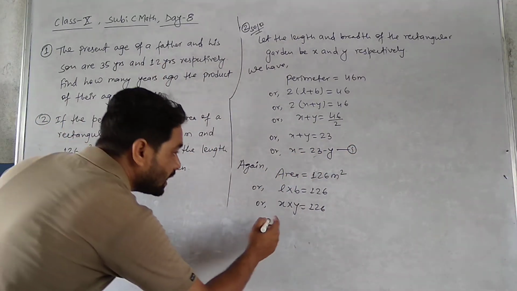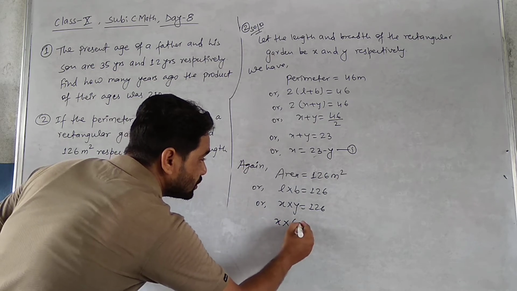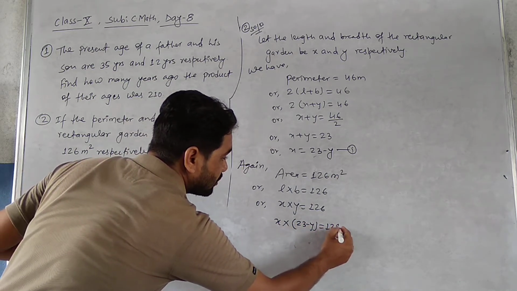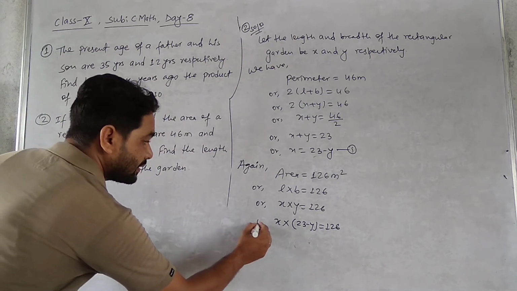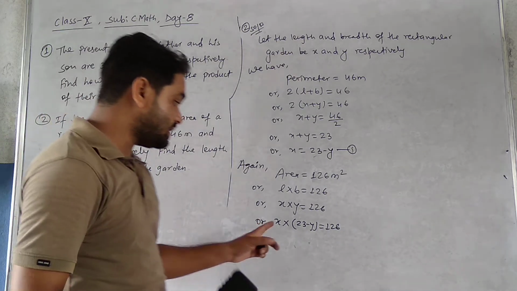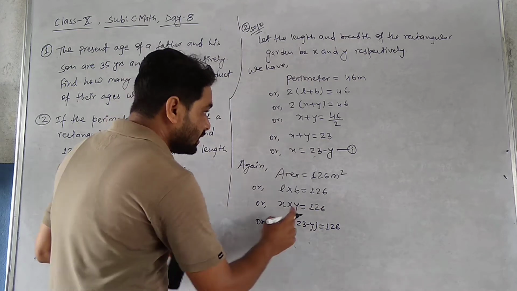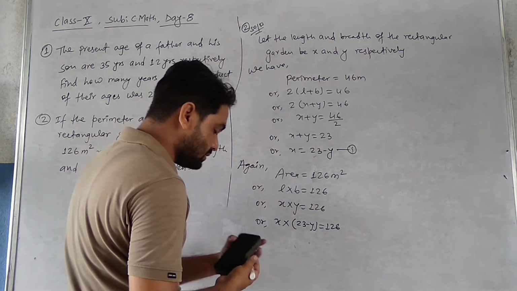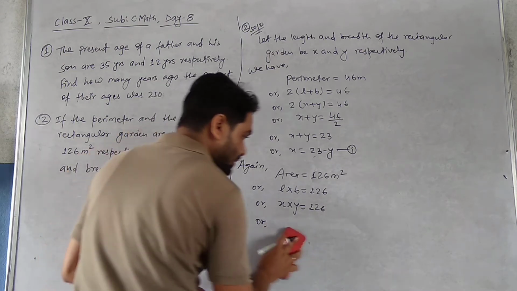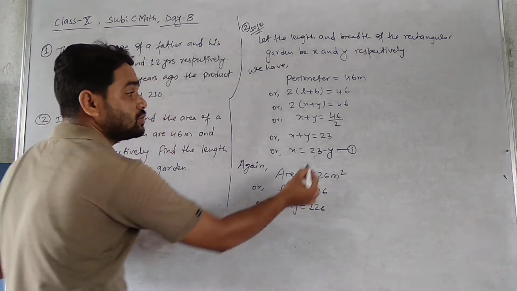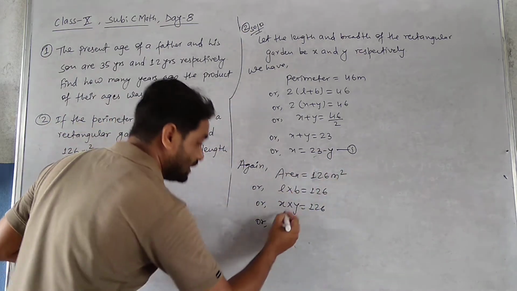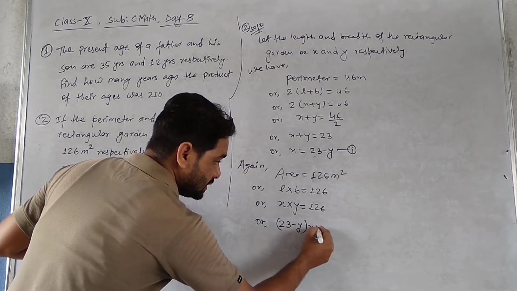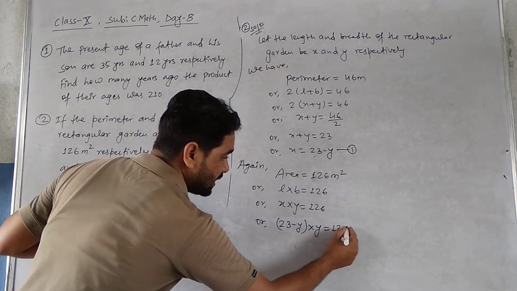Sorry, in the place of x we are going to write 23 minus y. So 23 minus y into y equals to 126.